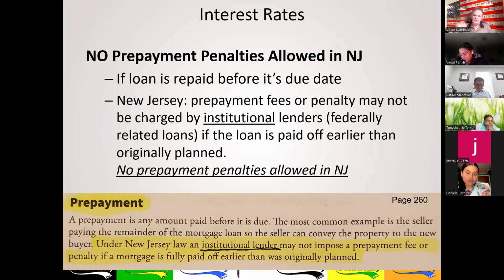But institutional lenders like banks, or any lending institution that's insured by the federal government, or plans on selling their loans to the federal government, Fannie Mae, Freddie Mac, or insured by the FHA or guaranteed by the VA, cannot charge any prepayment penalties if you pay off those loans sooner than originally planned.